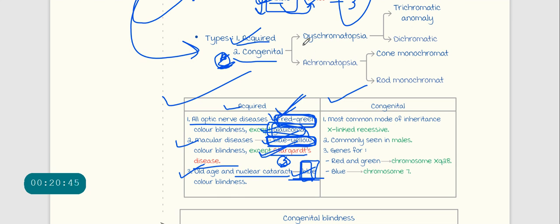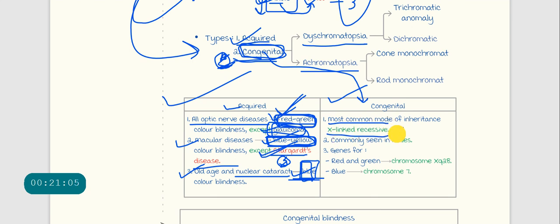Let us see the congenital color blindness. The most common mode of inheritance is X-linked recessive. Very important, it is an X-linked recessive disease.